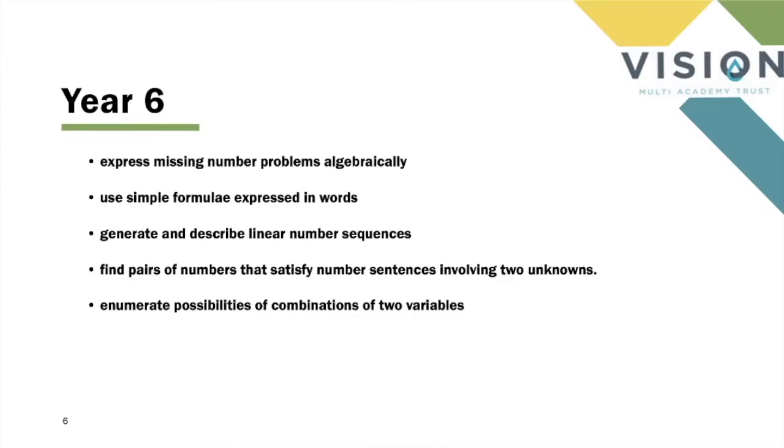And then it's the possibilities of combinations of two variables. So this is where the children are completing problem-solving tasks, such as trial and error, where they're understanding what the two missing numbers could be, the two variables, and then what the outcome could be. And again, I hope you'll see all the way through this, the key is that equal sign. Understanding that there's a balance on either side of the equals is a real key point.